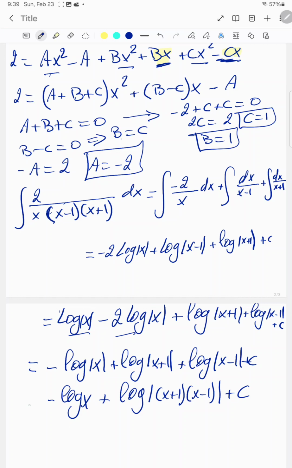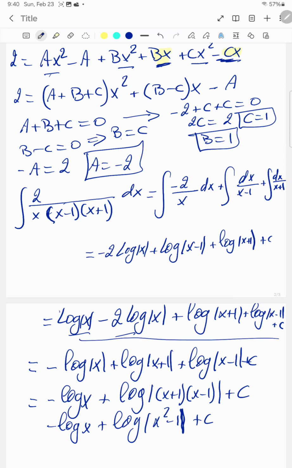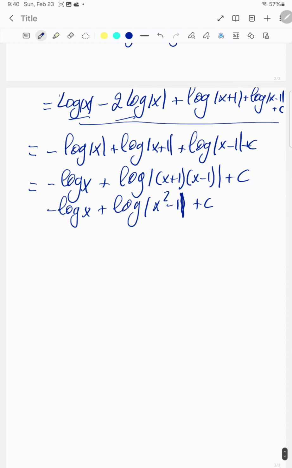So this becomes minus log x plus log of x squared minus 1 absolute value plus c. And if you stop even here, it's okay. But if you want to continue, it becomes log of x squared minus 1 divided by x, the absolute value is everything, plus c. And that would be the final answer.